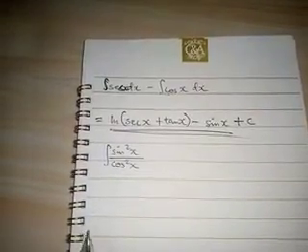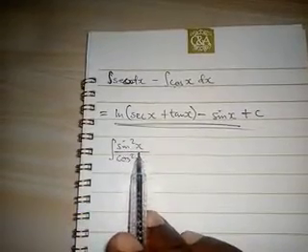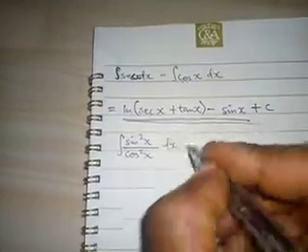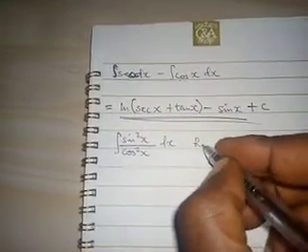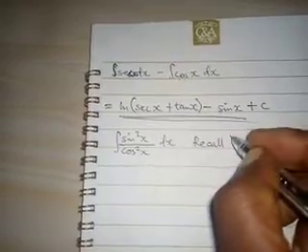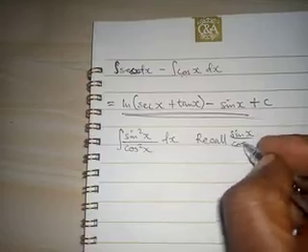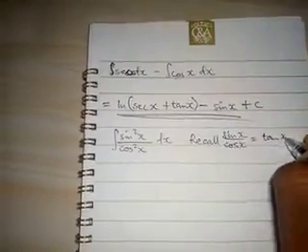Another question we can look at is integrate sine squared x over cos squared x with respect to x. Now, before we solve, we need to recall that sine x over cos x is equal to tan x.